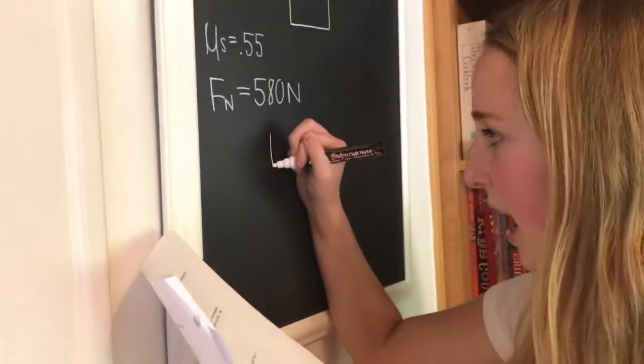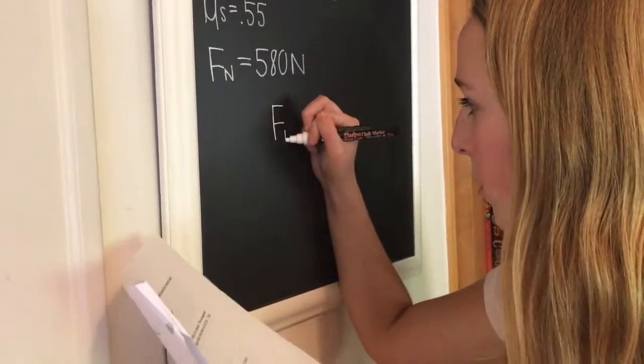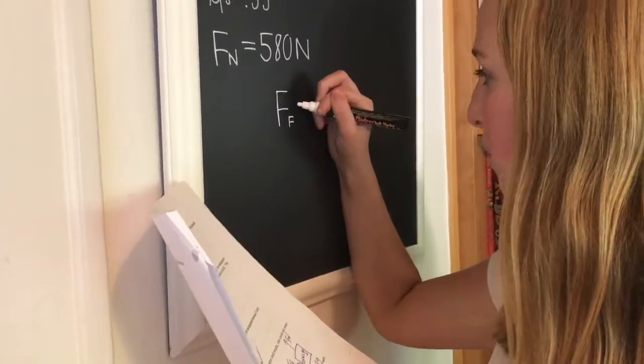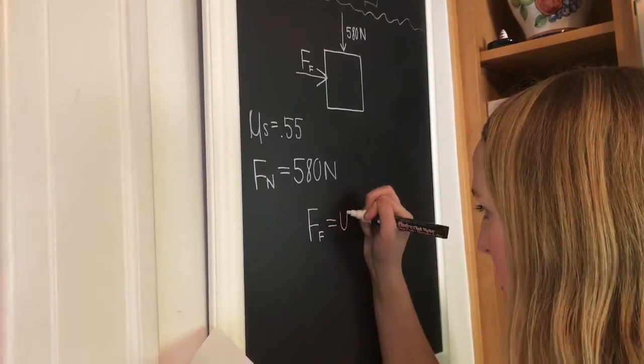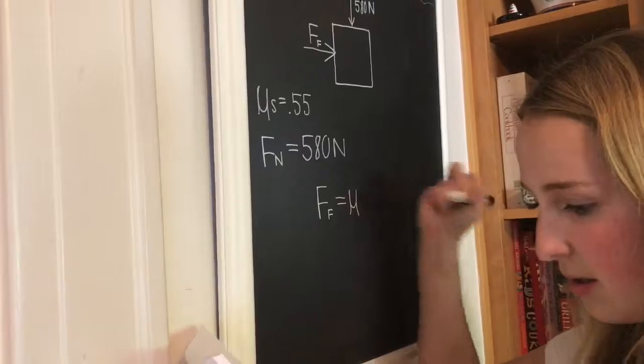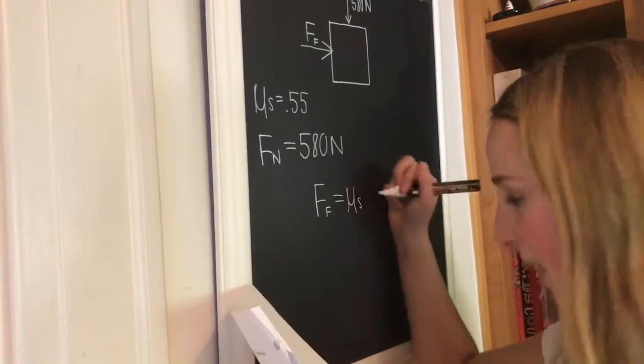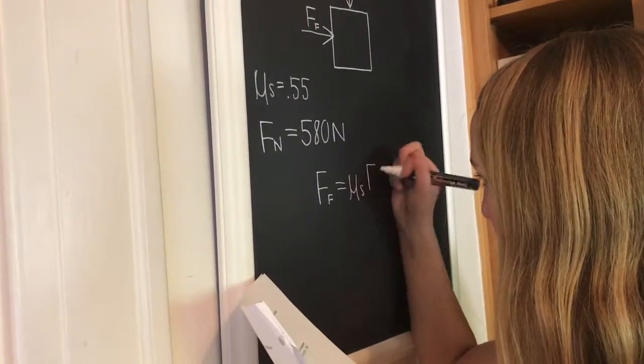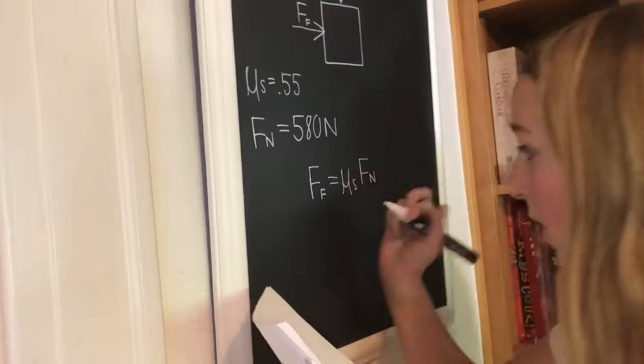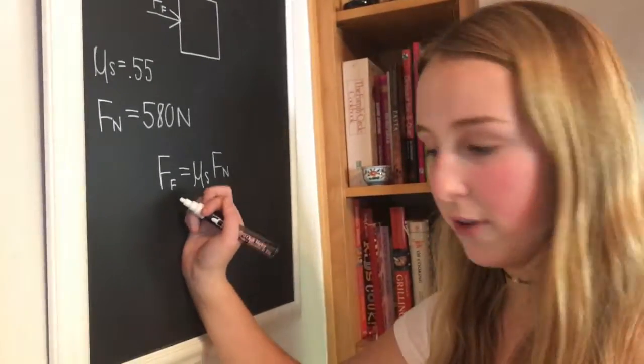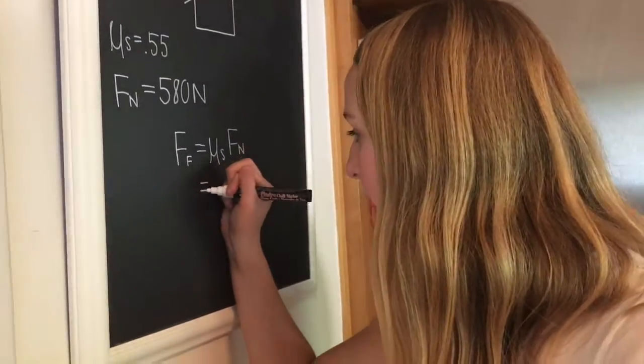So you do F, which is frictional force, equals mu s times Fn. So you don't know frictional force, that's what you're trying to find. So you plug in everything you know.